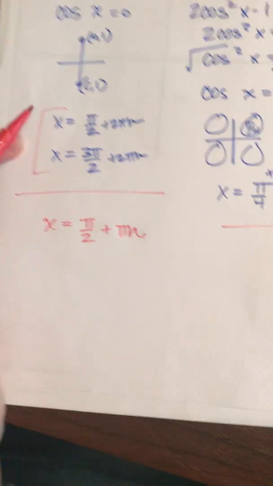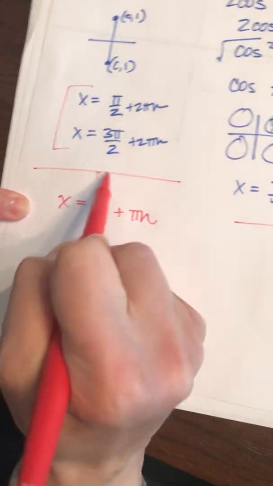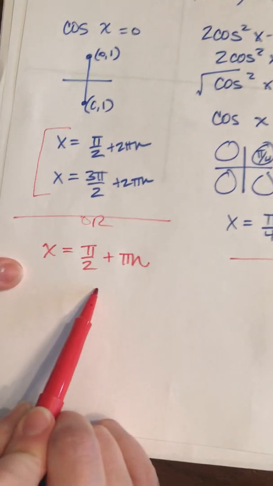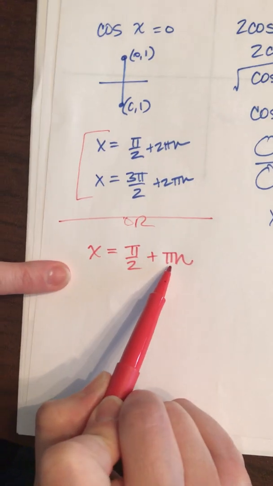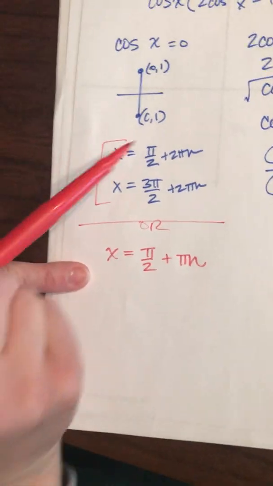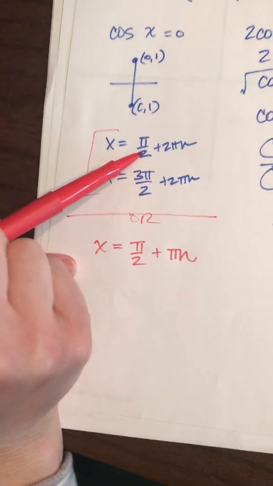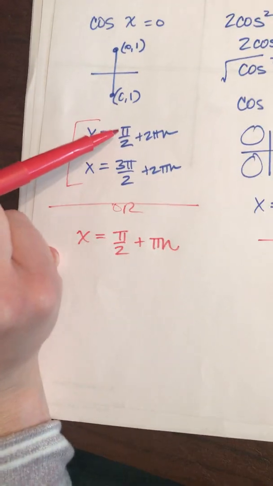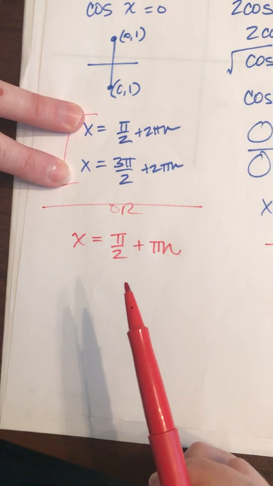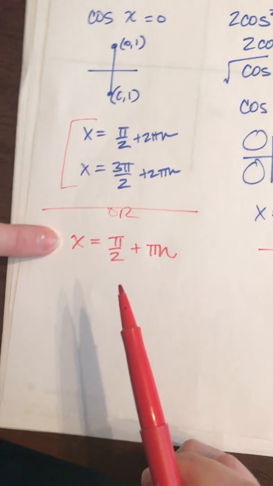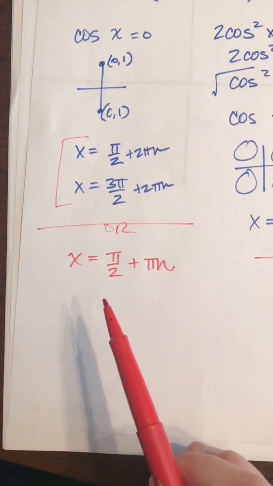Do you see how this answer is the exact same thing? By saying I'm going to take pi over 2 and add every multiple of pi, that actually gives me pi over 2, 3 pi over 2, and then back around the unit circle again. So technically, writing it like this, or writing it with just one equation like that, they're basically the exact same thing.